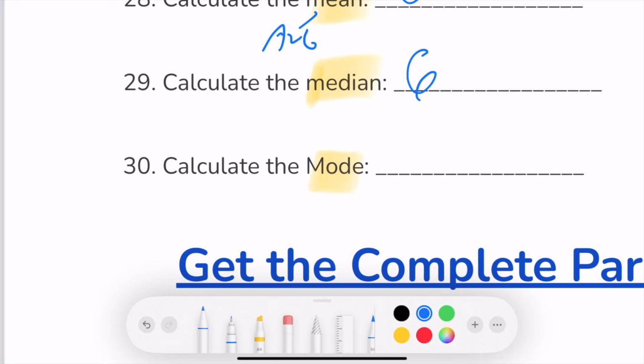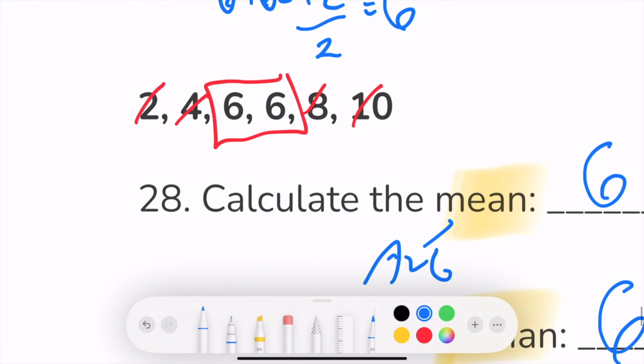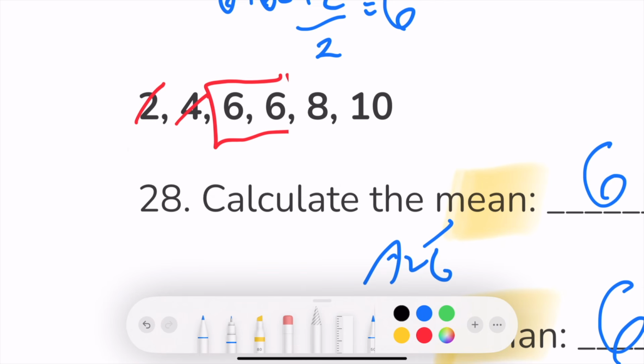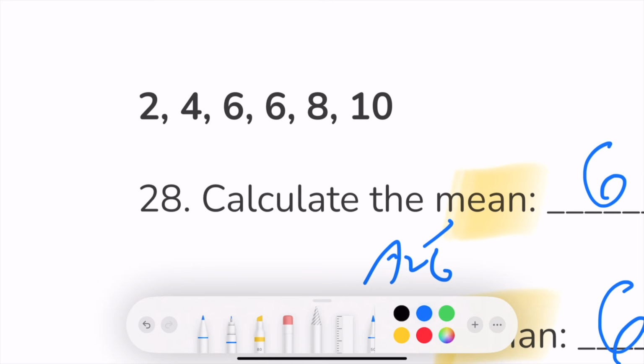Now let's go ahead and calculate the mode. And remember the mode is the number that occurs most frequently. So I see from these numbers that 6 occurs 2 different times. We have 2 6s, but we only have 1 2, 1 4, 1 8, and 1 10.